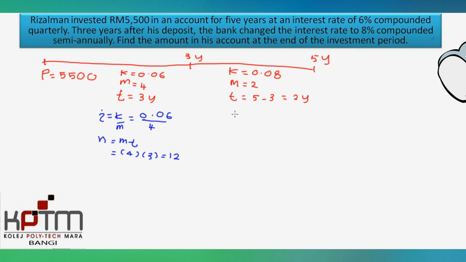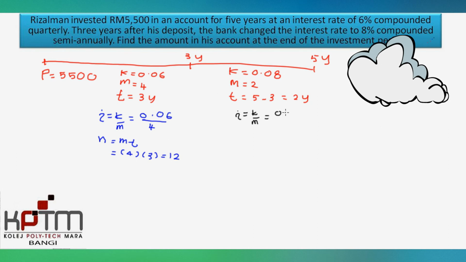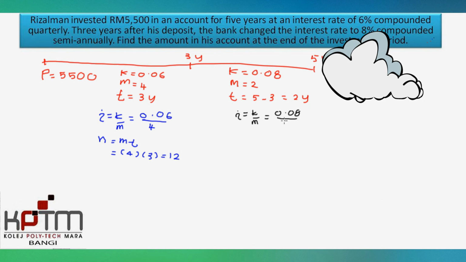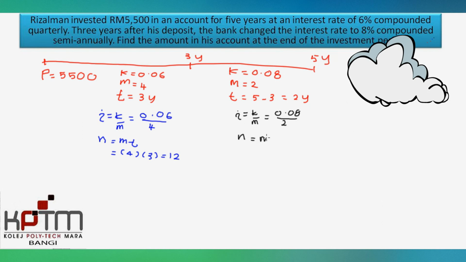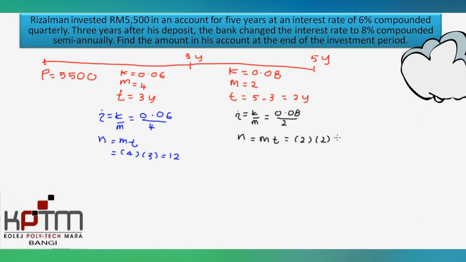For the next 2 years, we have to calculate I again. So from I equals K over M, we have 0.08 divided by 2, and our n is 2 times 2, that is 4.